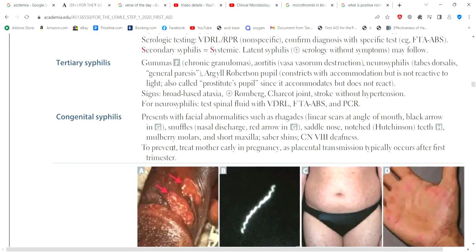Okay, so in neurosyphilis, it's tertiary syphilis. Neurosyphilis is a symptom of tertiary syphilis. So signs of tertiary syphilis are broad-based ataxia, which is an imbalance, and a positive Romberg sign, which is when you're okay standing with your eyes open, but when you're standing with your eyes closed, you tip over. That is a positive Romberg sign. So I'm going to make a note of that.